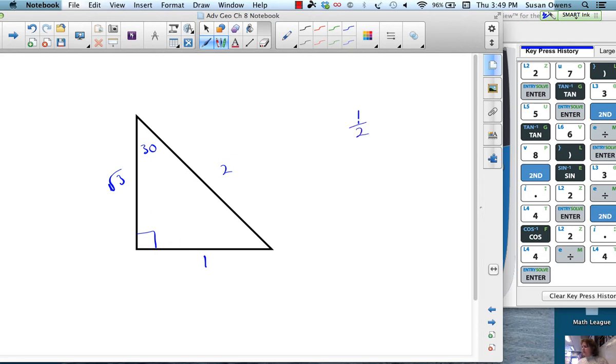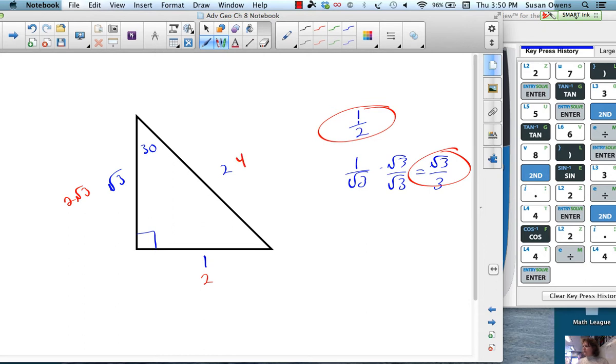And if I do the ratio of the short side over the long side, I get 1 over root 3, which we can rationalize as root 3 over root 3, and we get root 3 over 3. Well, those ratios are true for any 30, 60, 90 triangle. If I change this to a 2, this would now become 2 root 3, and this now would become 4.